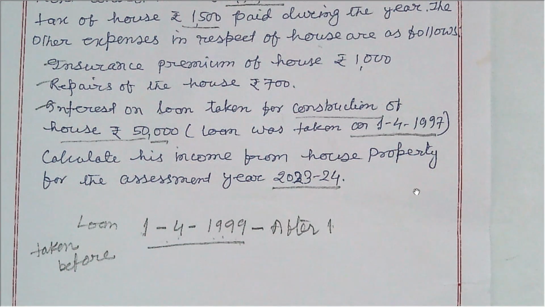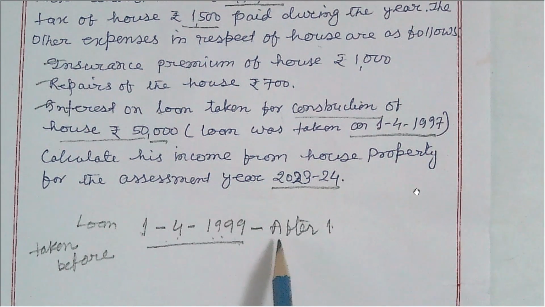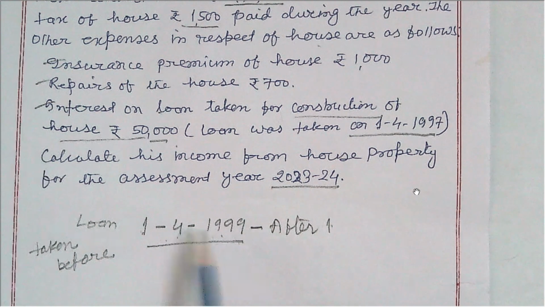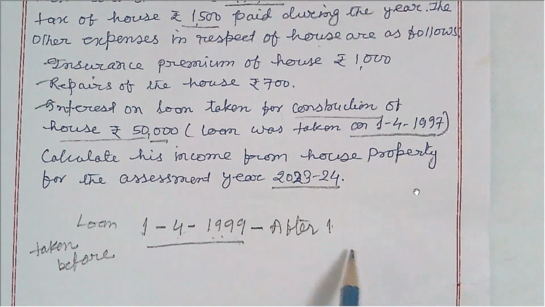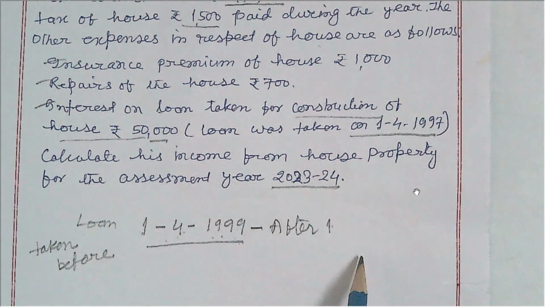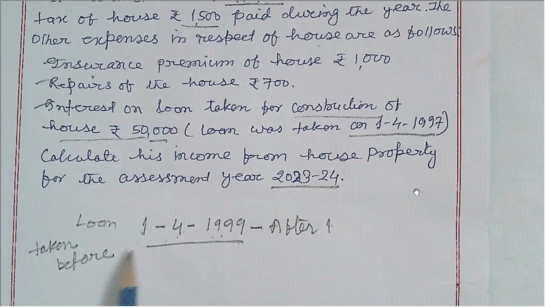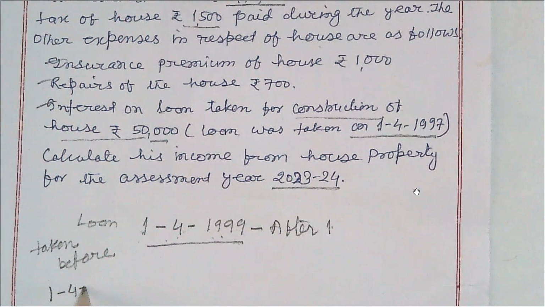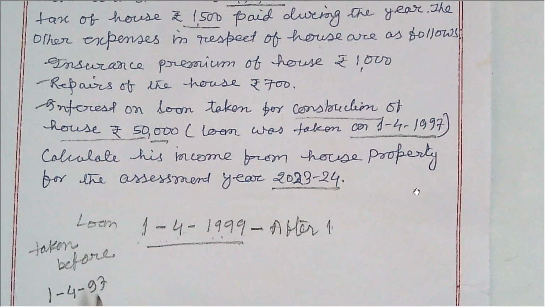Okay, this is on or after. On this date loan is taken, or after this date loan is taken, then it has another provision. Before this date loan is taken, so in the given question loan was taken 1/4/97.